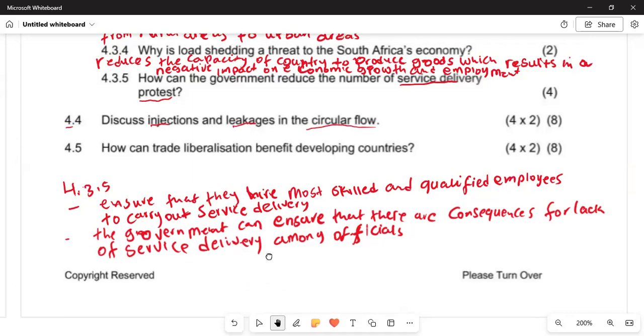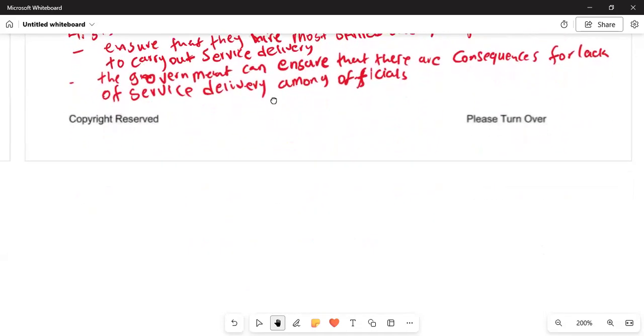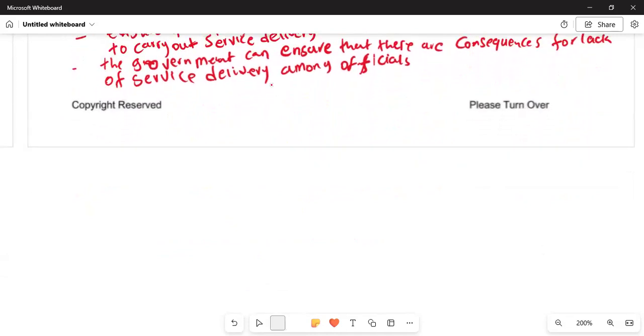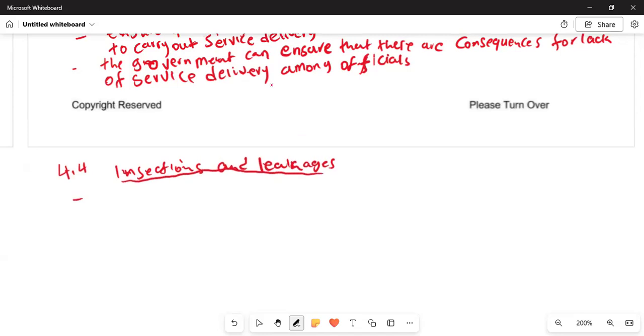So that is 4.4, where we are to discuss the injections and leakages.